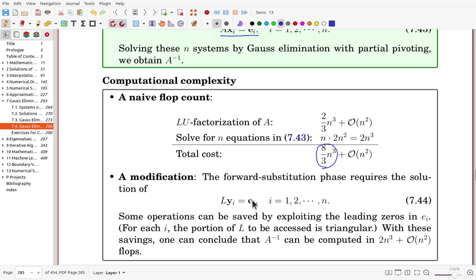For example, in the beginning, ei starts with 0, all the way down 0, and then here the ith entry is 1, then again 0. Now, if you try to solve L yi equals ei, then the right side is 0. So first, the first row of this one is L11 y1 equals 0, which means y1 is 0.